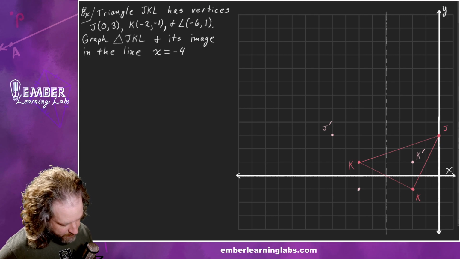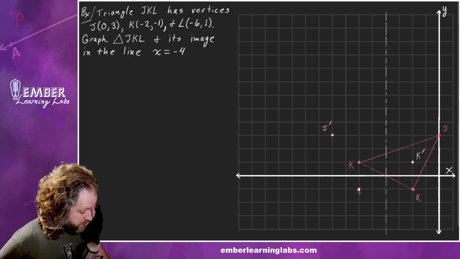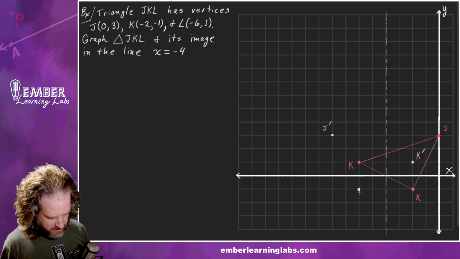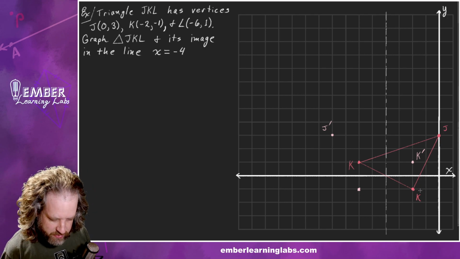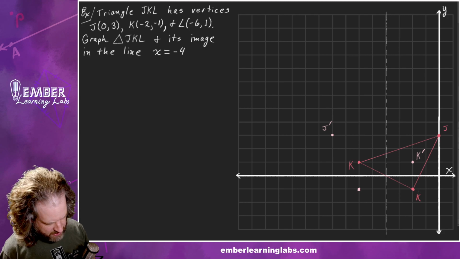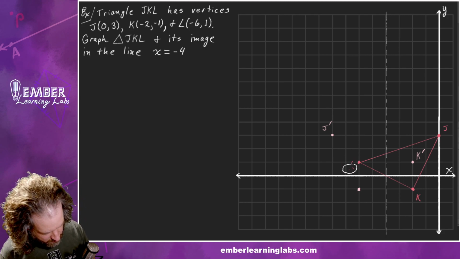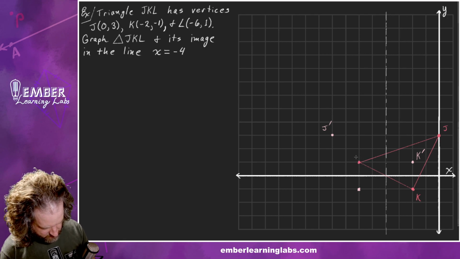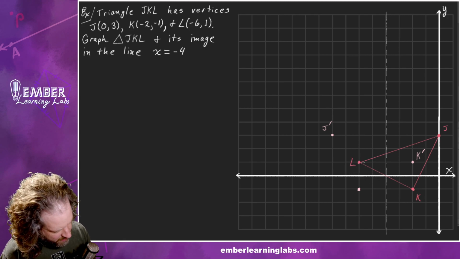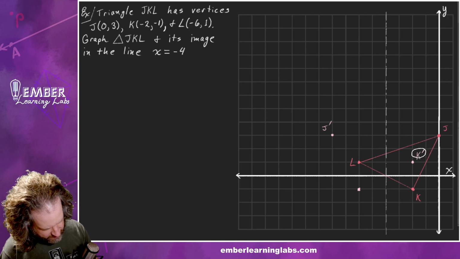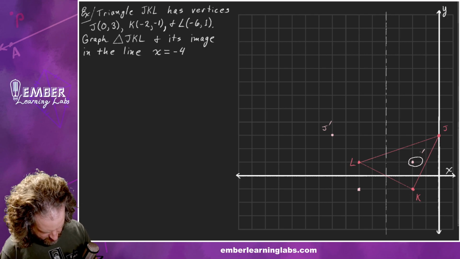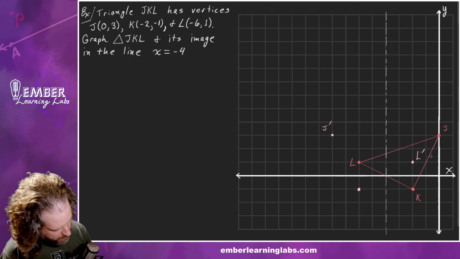Hopefully this is kind of review, and you've seen this kind of thing before. Oh, I labeled that wrong. This one should be K, but this one should be L. So this is L, which makes this L prime, right?